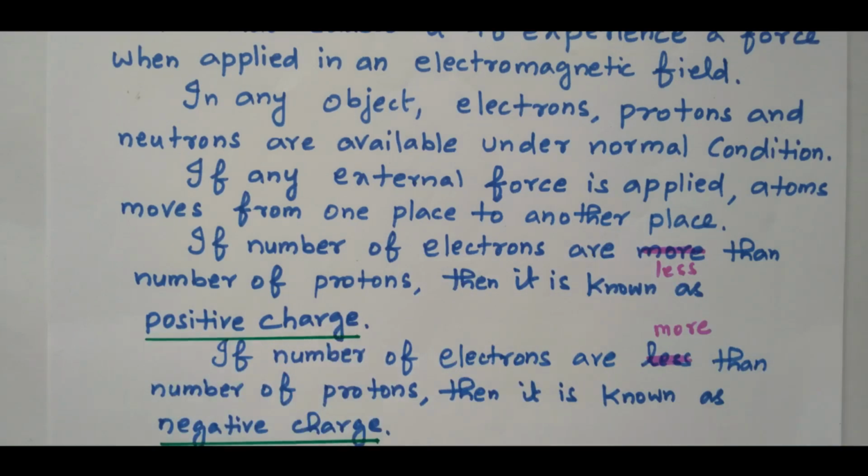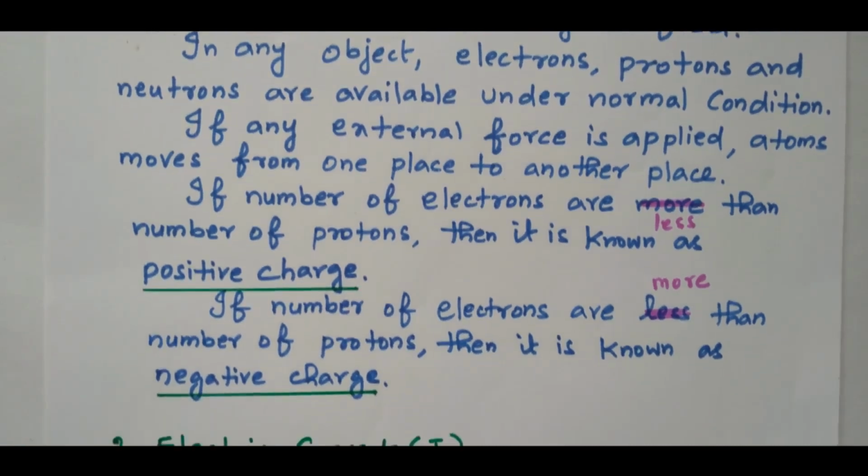Suppose the number of electrons is more than the number of protons, then it is known as negative charge. So if electrons are more, automatically it is a negative charge. So charge is purely based on the number of electrons and protons.